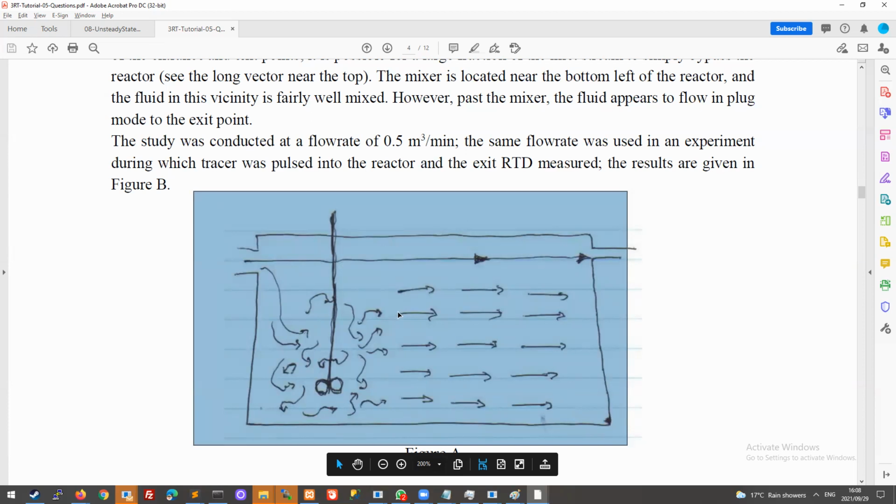So we can think in terms of the ideal reactors. And maybe let's give you a minute to just sketch out the network of ideal reactors you would use to represent this real reactor case.